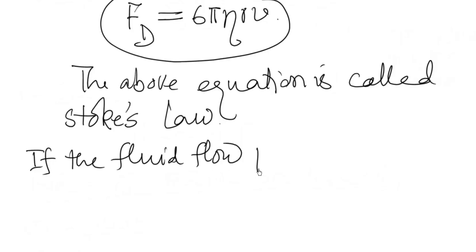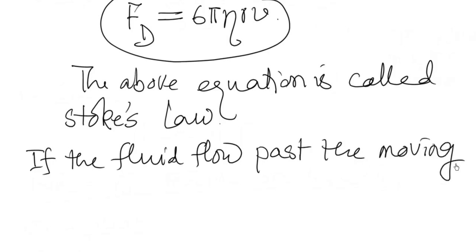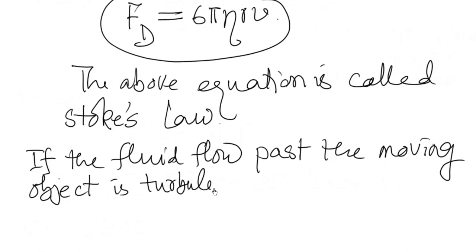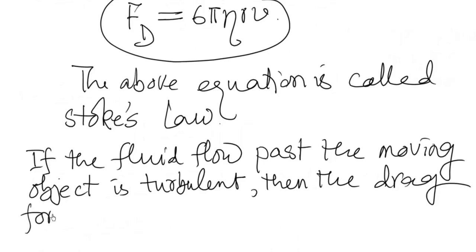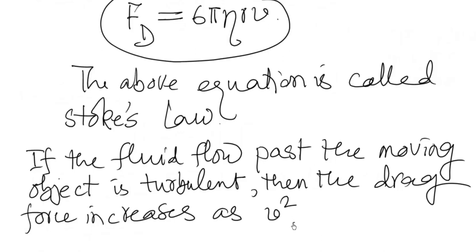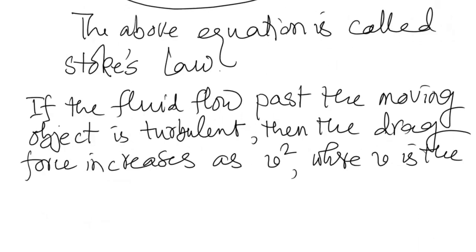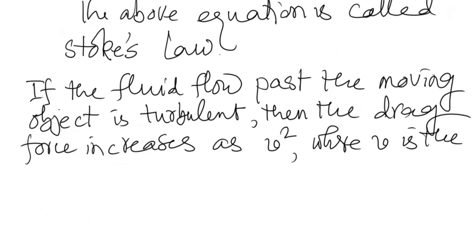If the flow is turbulent, then the drag force increases as v square, where v is the relative speed of the object with respect to the fluid.